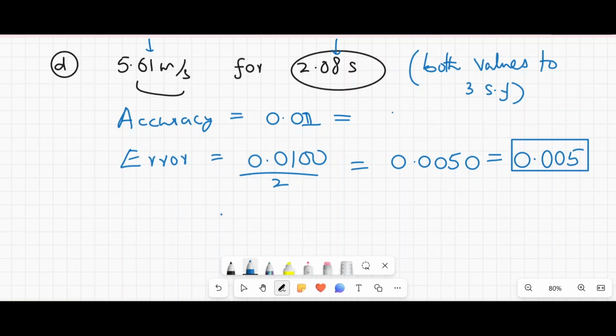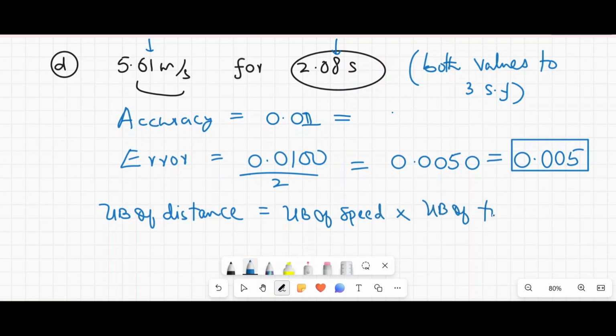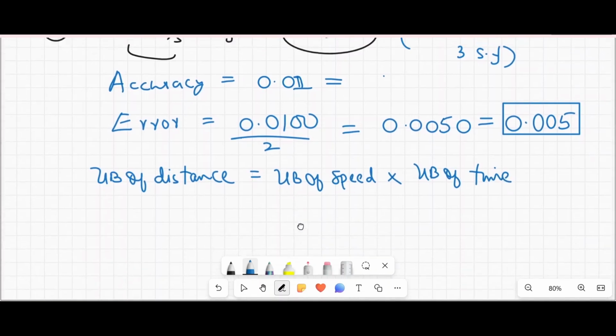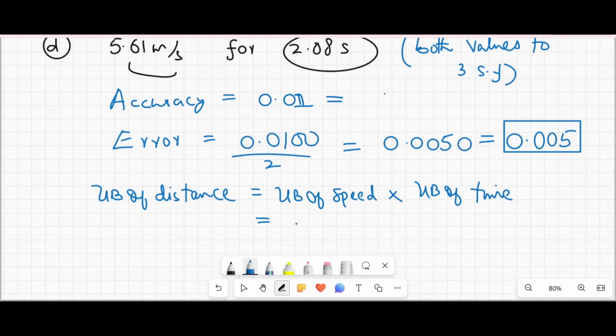Now for the finding of upper bound of distance. Upper bound of a distance is upper bound of average speed into upper bound of time. So here the average speed is 5.61.